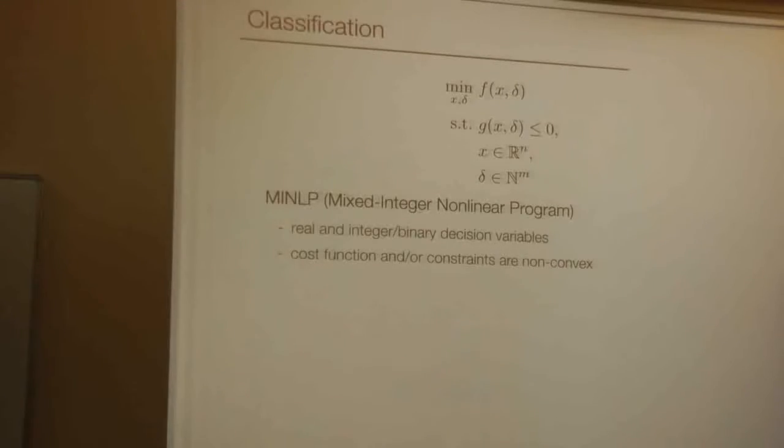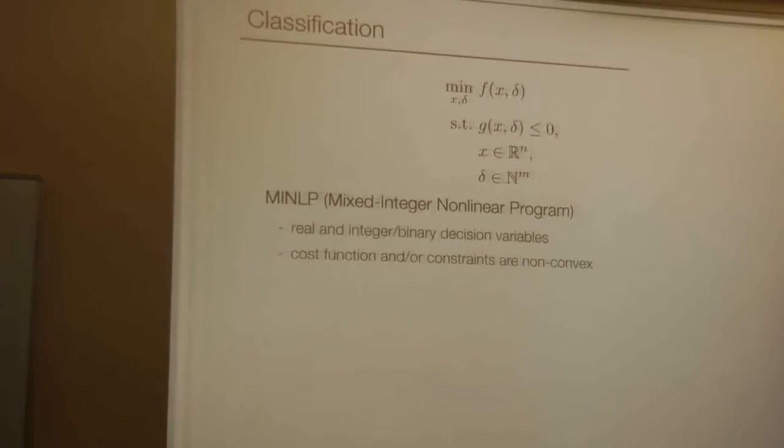Then we call such a problem a mixed integer nonlinear program, and the shortcut that you will often see is MI-NLP. MI means mixed integer, NLP means nonlinear program. And by the way, mixed means that we have both continuous as well as integer variables. That's what mixed means here.